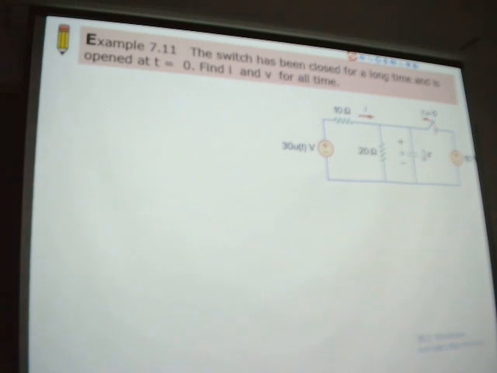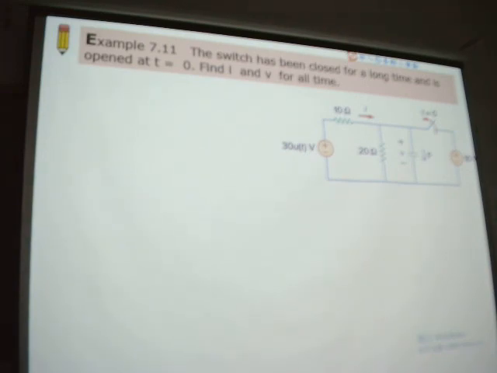Right? No, it's wrong. You can see the switch is here. If we don't have the switch, if this one is open, it should be like this, because this one is not connected. We know it's already fully charged.